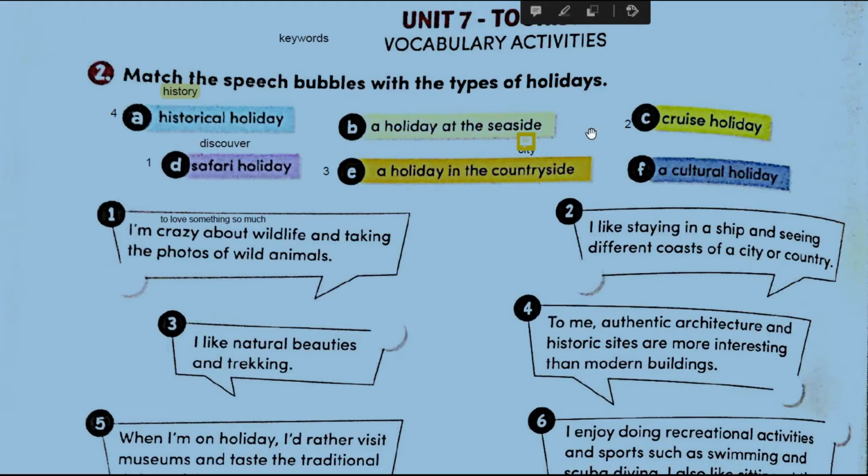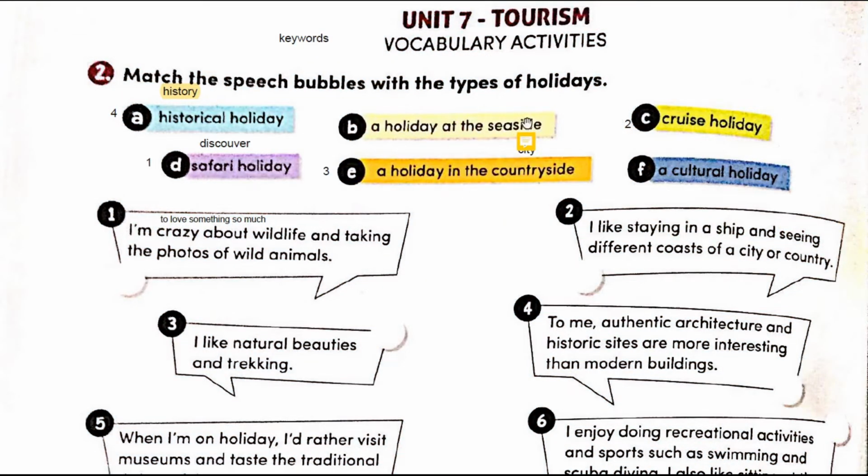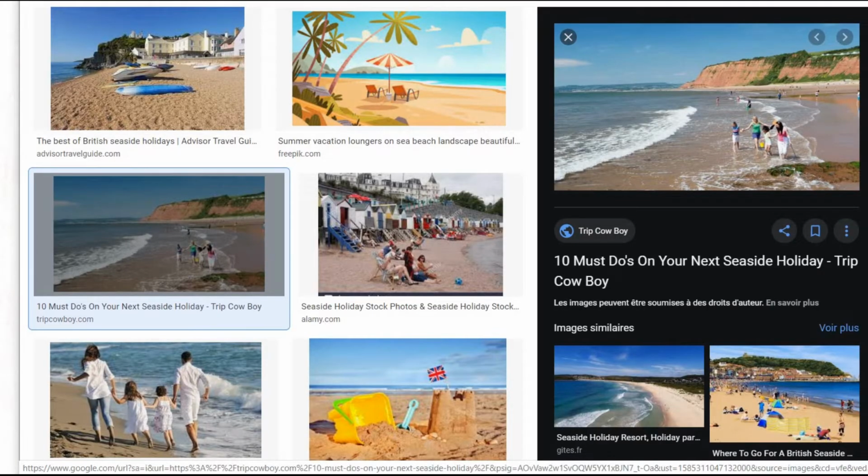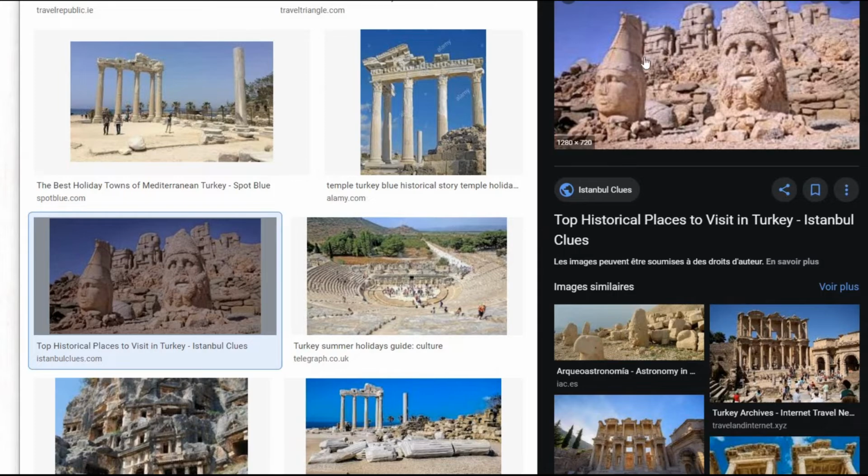So when we talk about historical sites, I'd like to show you a picture of a historical site. For example, this one is in Turkey, as far as I know.